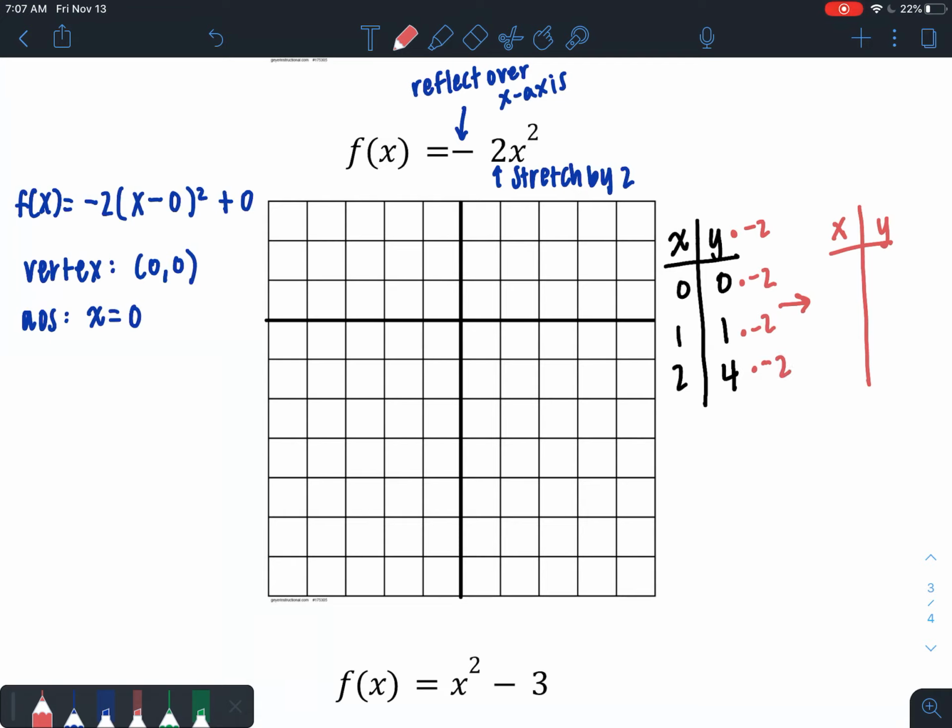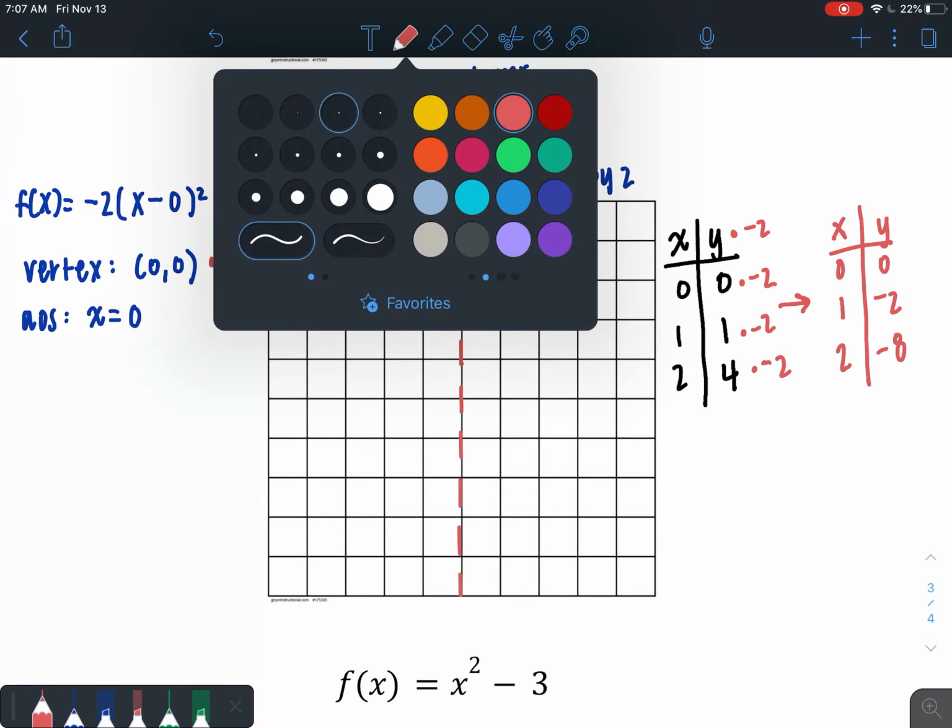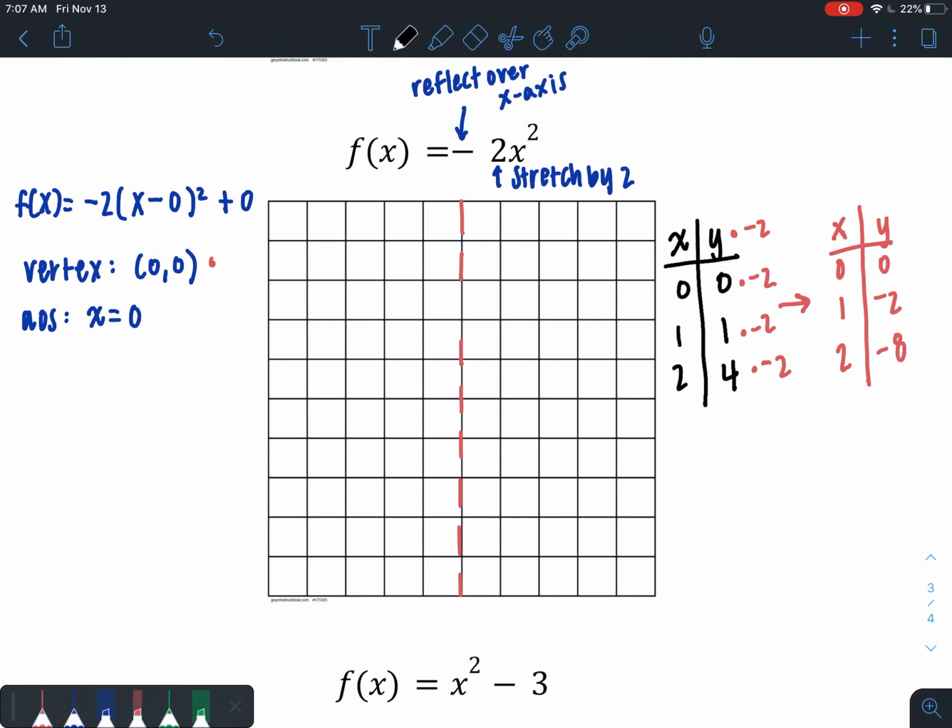I'm going to already put the vertex at 0, 0, and then draw my axis of symmetry. X values stay the same, y values multiplied by negative 2, so 0, negative 2, negative 8. I actually need to move this up just 1, so we're not going to have enough room otherwise.